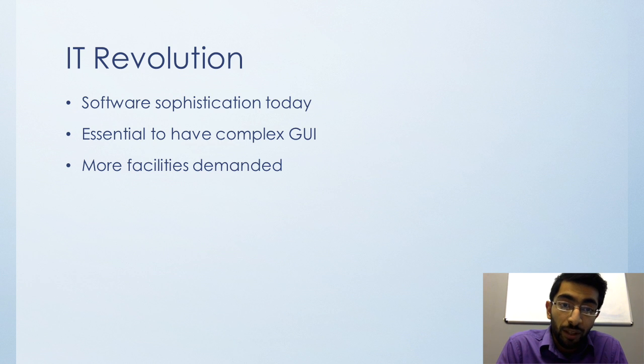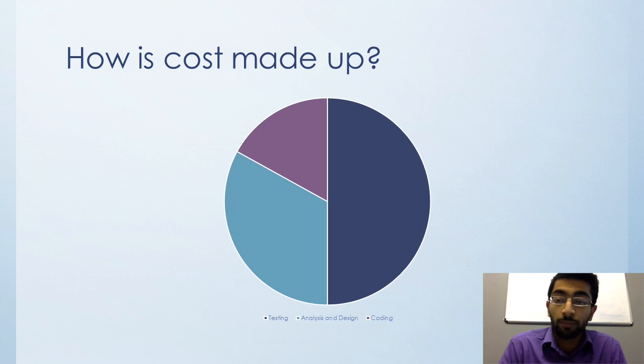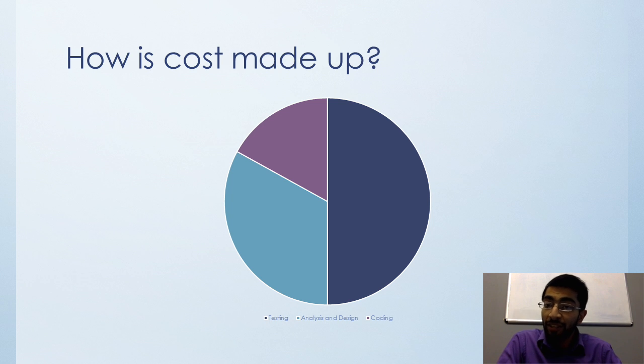So, going back to the cost element of things, how the cost is made up is another aspect which we need to look at. Surprisingly, half of the cost of developing software is only the testing element, and coding is a mere sixth. A third of the whole cost is actually analysis and design. People sometimes think that coding is the biggest element.